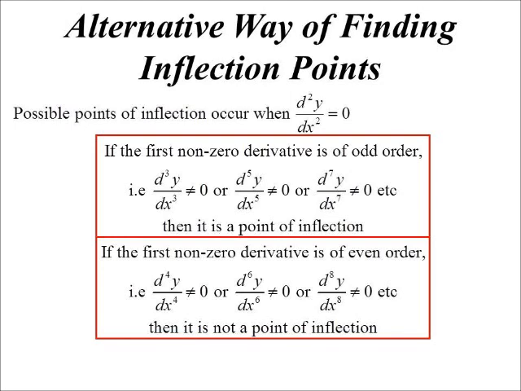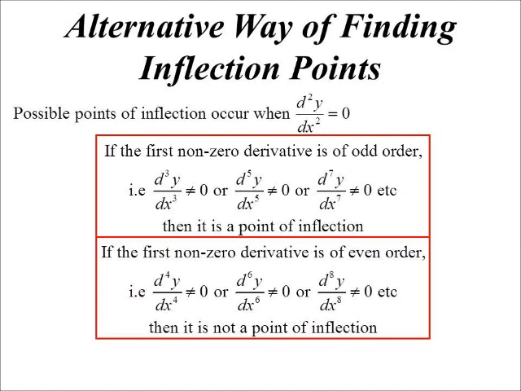Obviously, finding 6 derivatives, it might be easier just to use the second derivative and test either side of the point. Most of the functions you're going to look at, the third derivative will work fine. The ones that it won't work with are going to be basic functions like y equals x cubed. But you know what that looks like anyway.